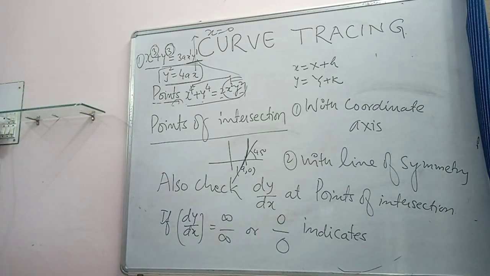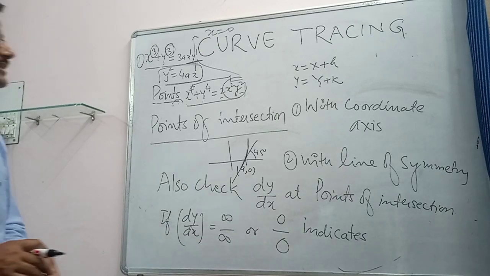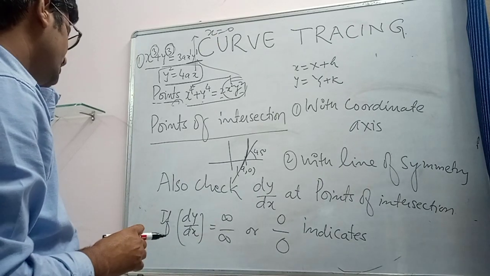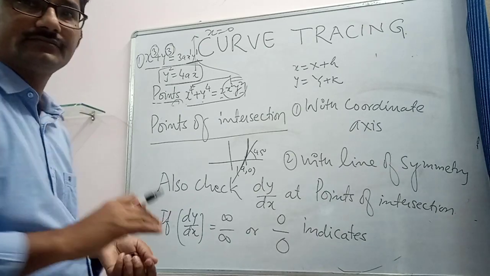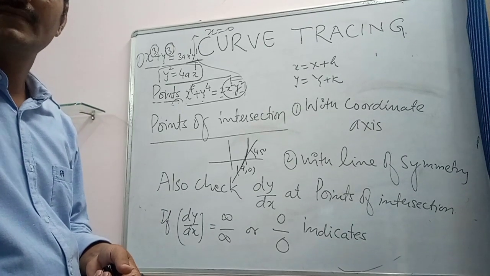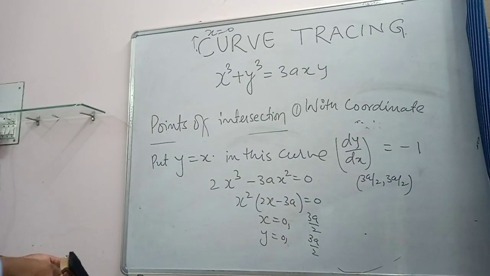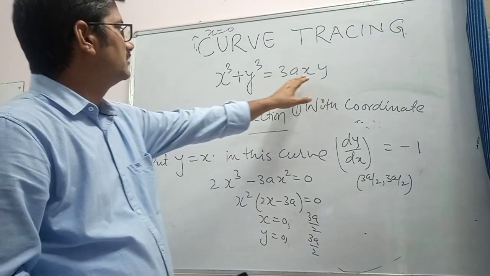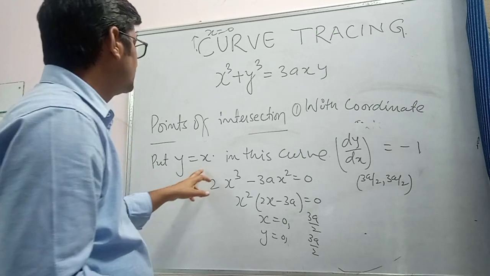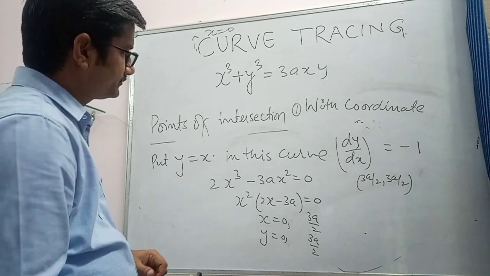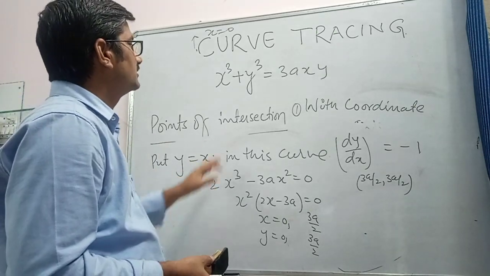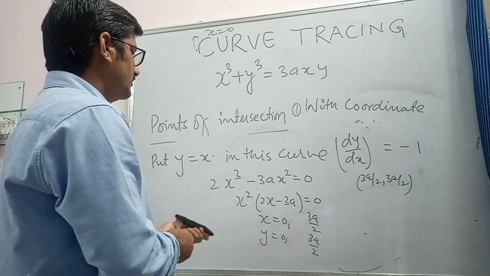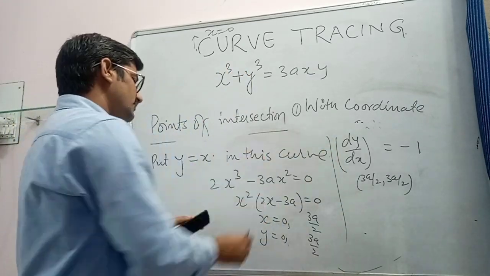The nature of the origin can be tested with the help of the nature of the tangents. So we can check the point of intersection of this curve with its line of symmetry y is equal to x. So put y equal to x in this curve and solve.